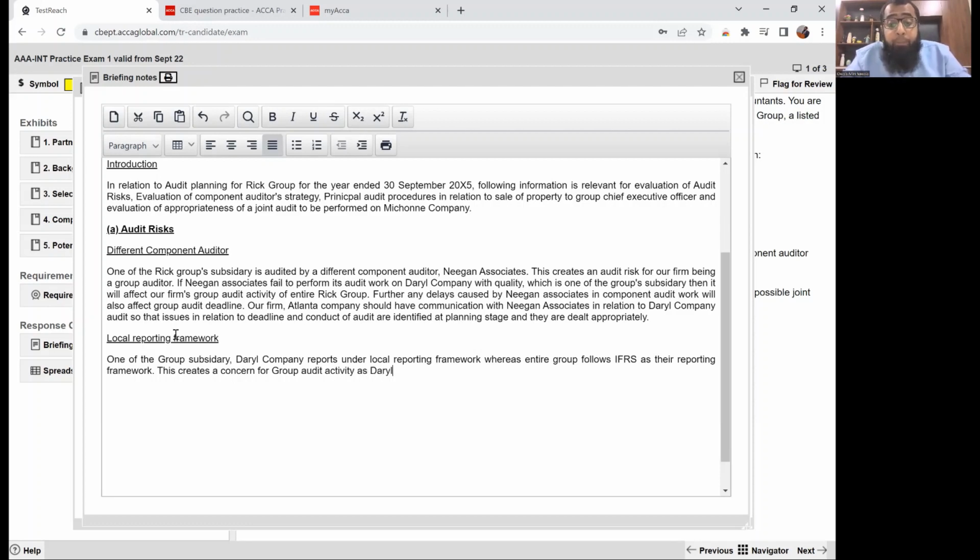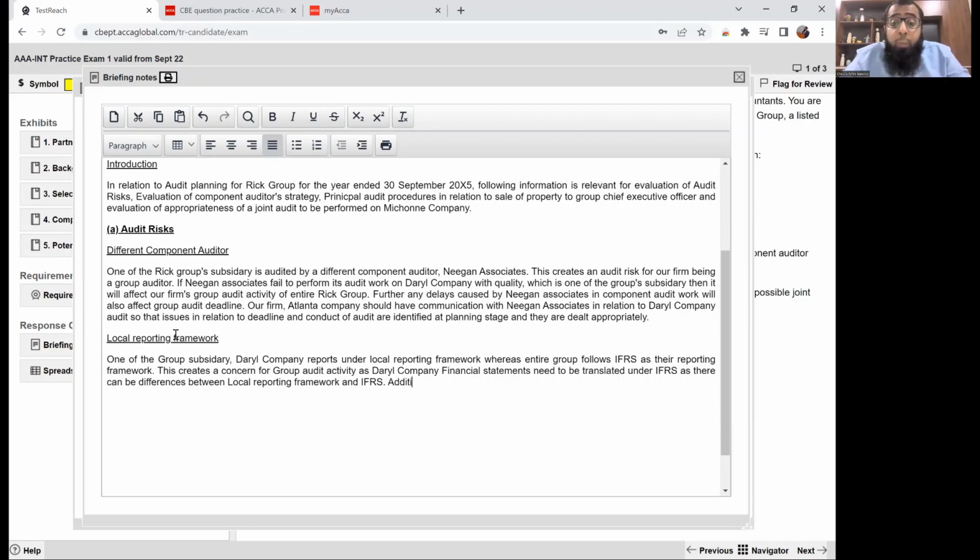This creates a concern for group audit activity as Darrell company financial statements need to be translated under IFRS, as there can be differences between local reporting framework and IFRS. Okay, and obviously there can be additional audit work also which can get involved.